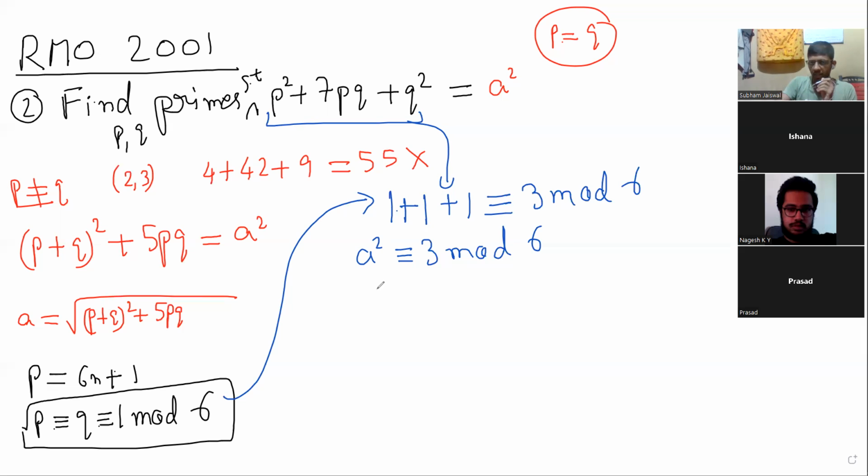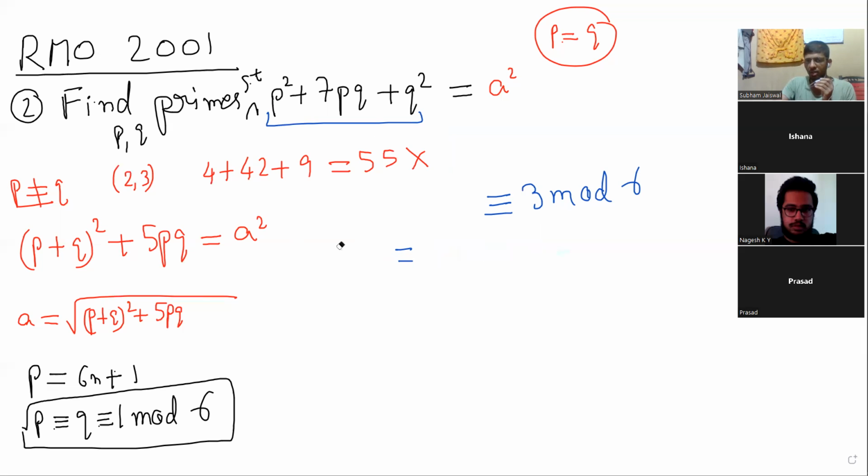Can anybody give an example of a square which is 3 mod 6? Aparna, you are there also, right? 9 is 3 mod 6, right? So just 3 mod 6 is not a problem. But Ishana is saying she put the thing and checked.